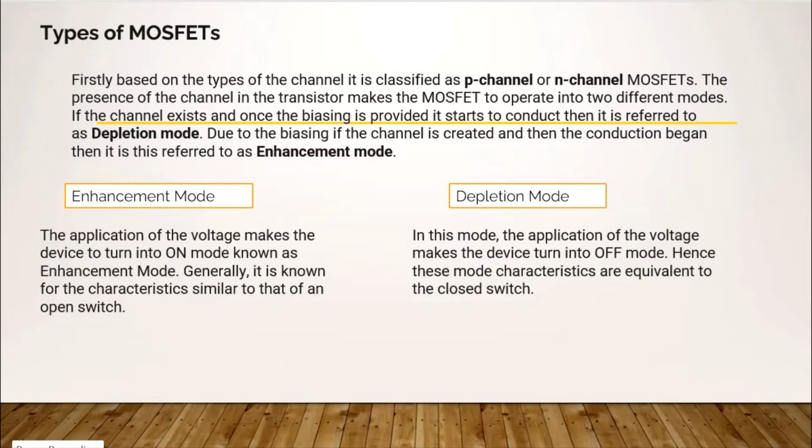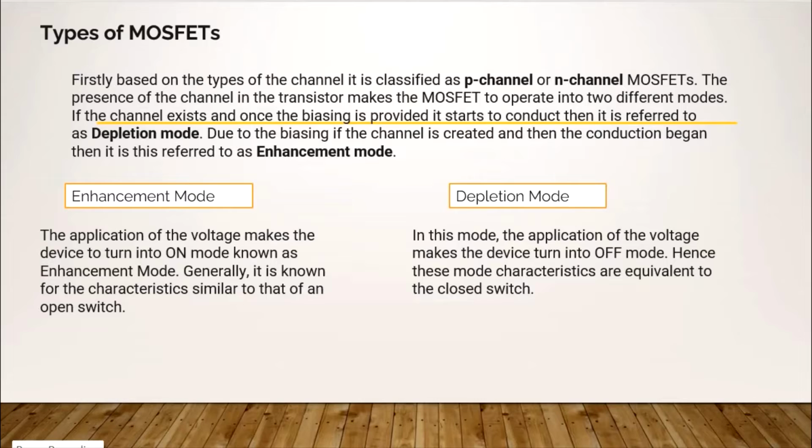If the channel exists and once the biasing is provided it starts to conduct, it is referred to as depletion mode. Due to the biasing, the channel is created and then the conduction begins. Then it is referred to as enhancement mode.